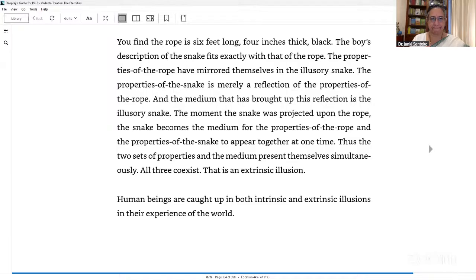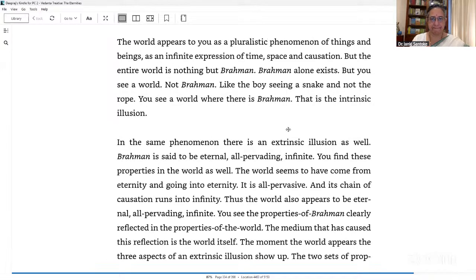What is going on? I think there's a problem with the versions. Yeah, please. From this part, Kalyan: in the same phenomenon.